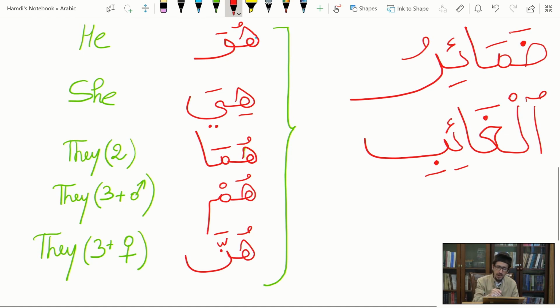So these are pronouns to refer to someone we are speaking about. Al-ghaib means the absent. So it's not like you, we are talking to you. That's the pronoun of the spoken to.